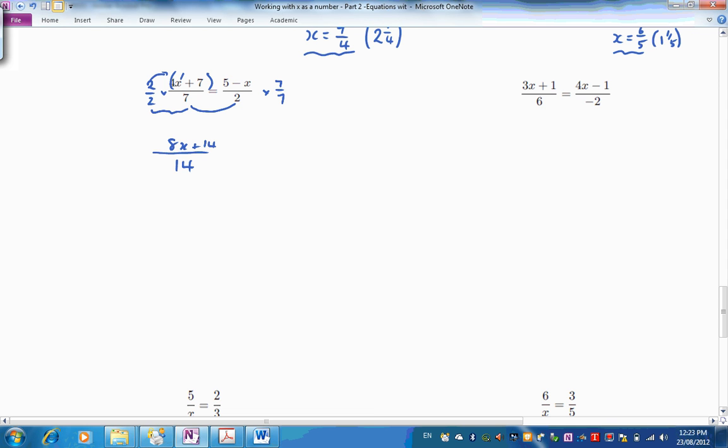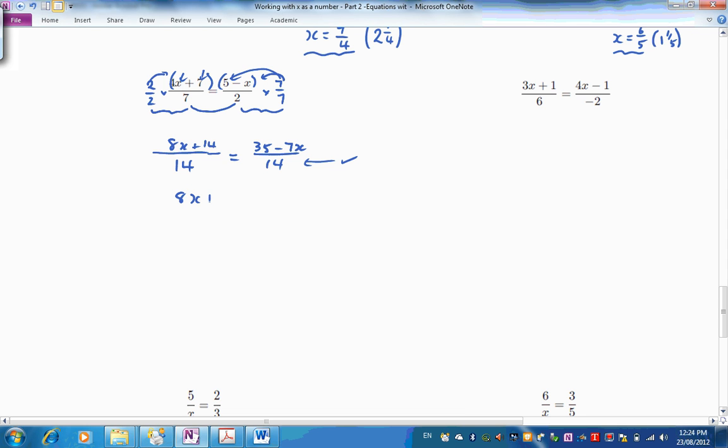That's 2 by this 4x and 2 by the 7. And over on the other side now, 2 7s are 14. Yep. And in the top line, it's 7 times all of this. So 7 times 5 is 35. Take 7 times x is 7x. The bottom lines check out as the same.